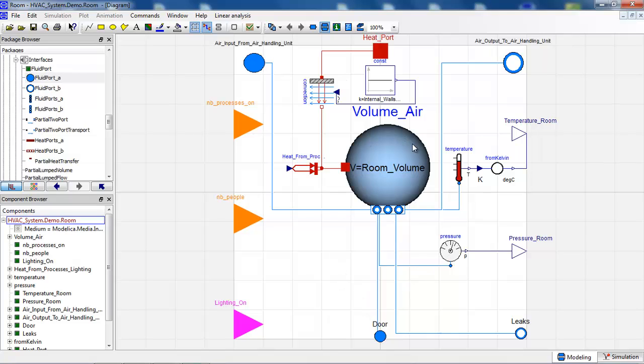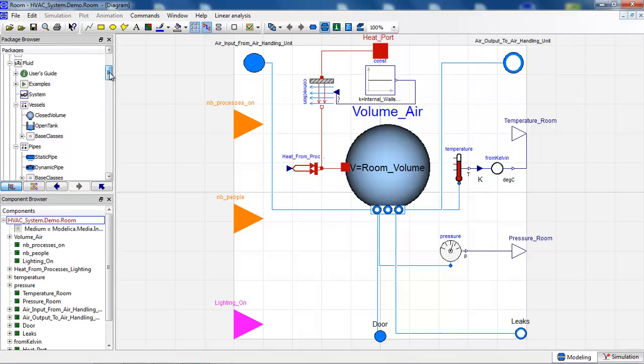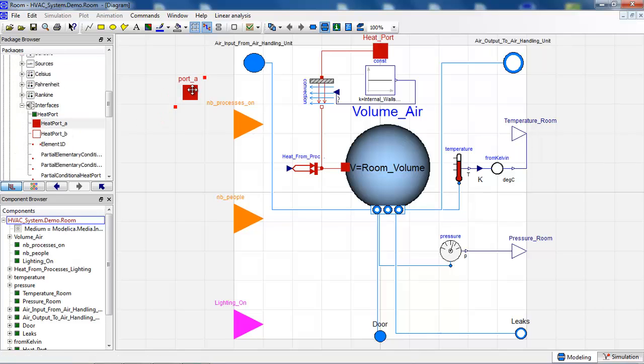For other parts of our room, we want to take into account the heat transfer. To do so, I use a heat port from the Modelica heat transfer library, which is here, and you can find a heat port here to exchange heat flow through my room.